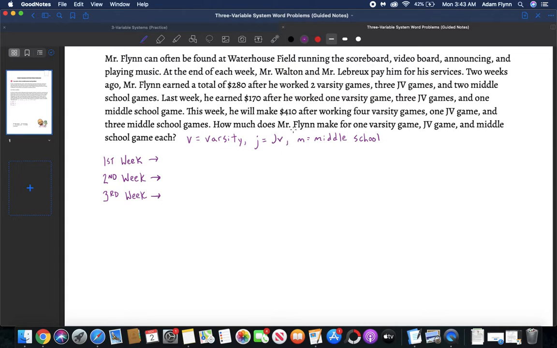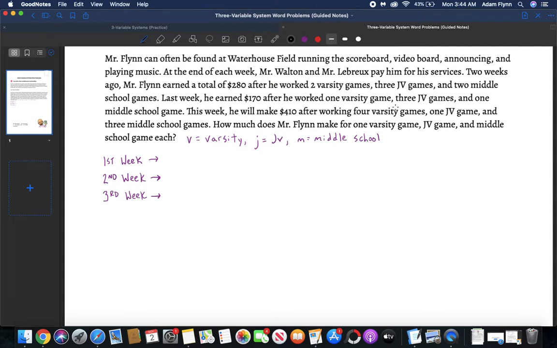Okay, so that was pretty clear how I'm going to get my 3 equations. They are going to be from 2 weeks ago, which was the first week, last week, which was the second week, and the current week, which is the third week. Now I'm going to take a look back at the paragraph for some information.